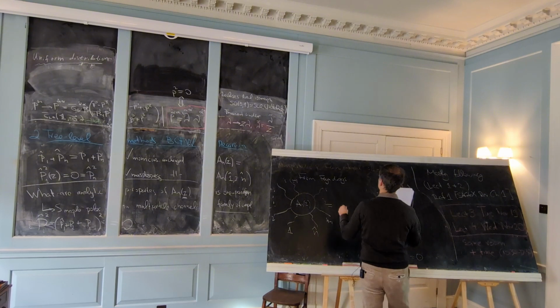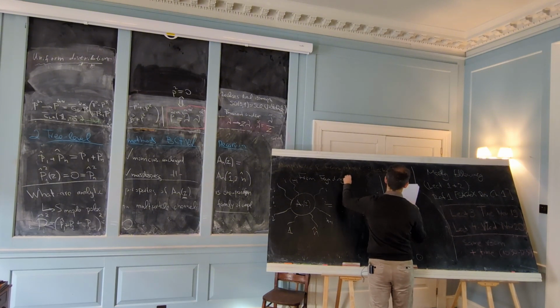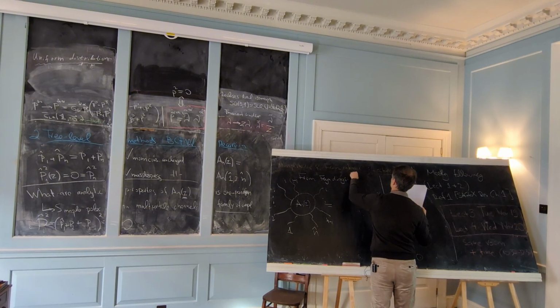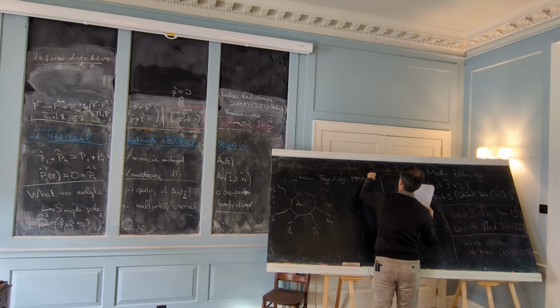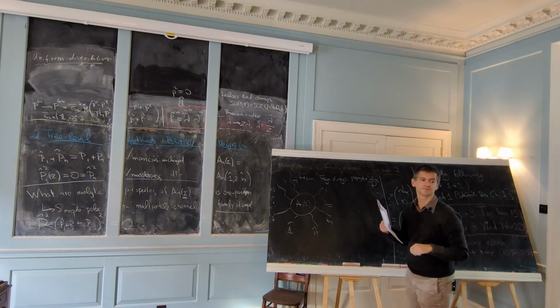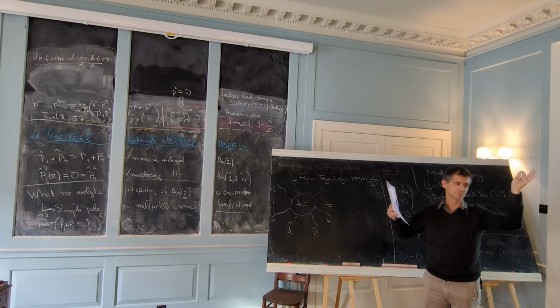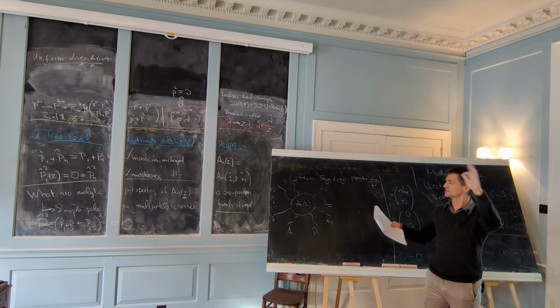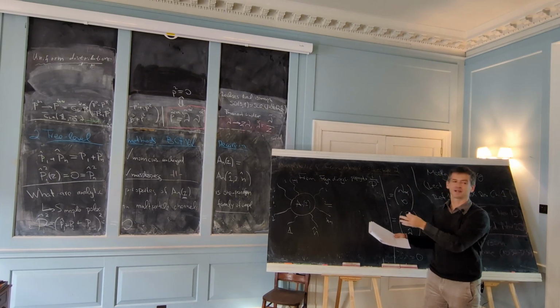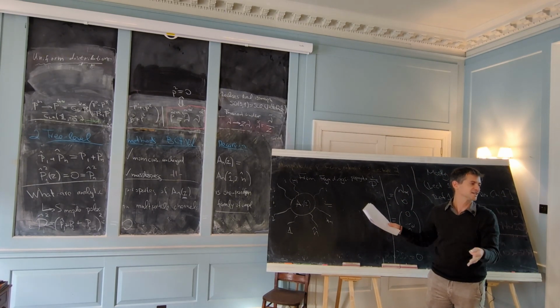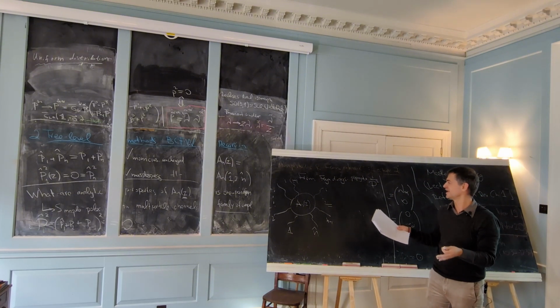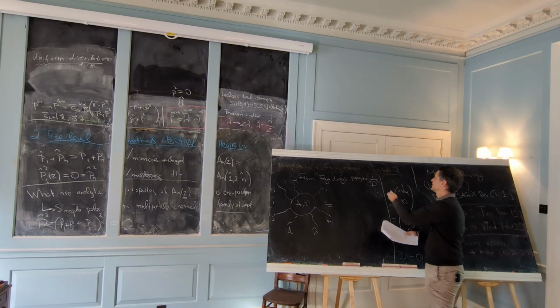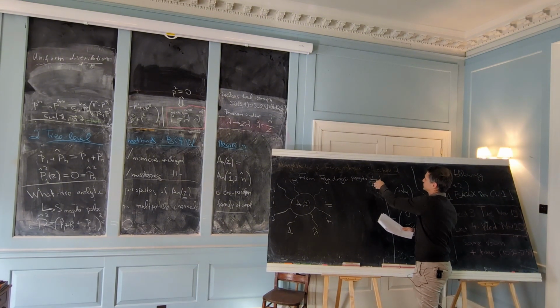So for finite diagrams, we remember that we have propagators i over some big P squared. In any diagram, you will have the external legs being connected by some internal propagator to some other external legs for any tree-level graph.